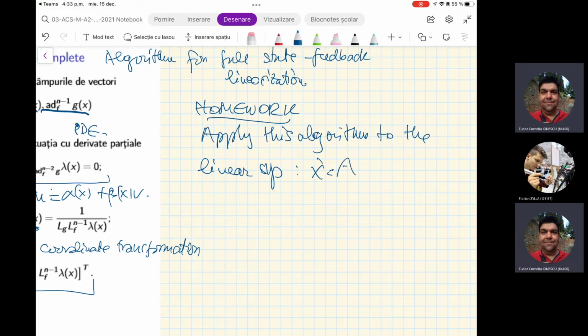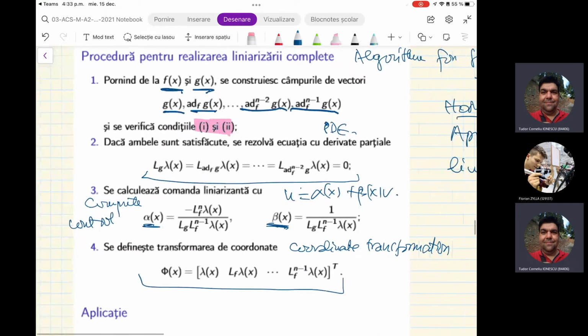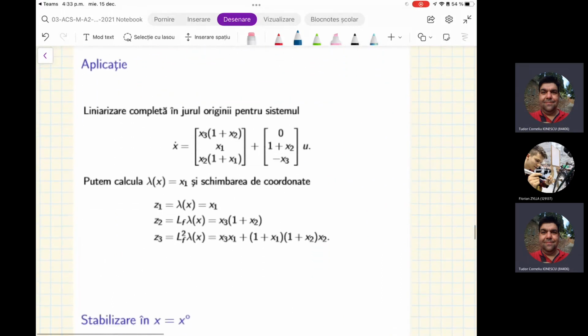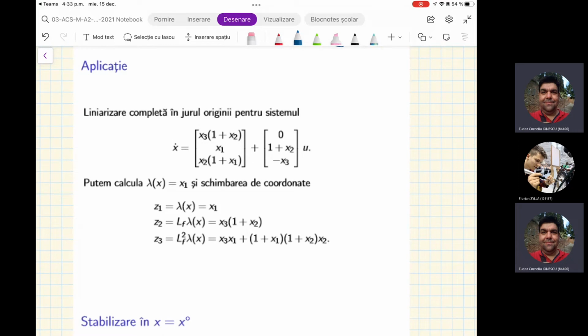x dot is ax plus bu, and y is cx. Apply this to this system and see what it looks like. Okay. And here we have an application.